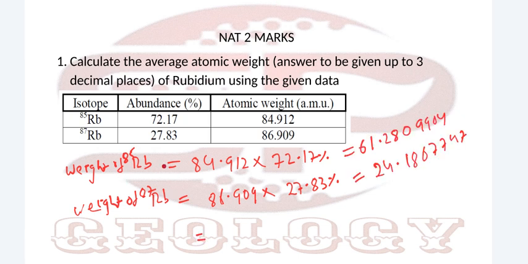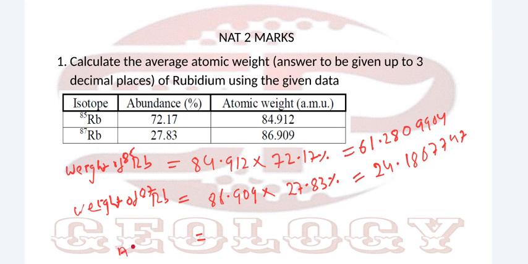So the isotope rubidium 85, when it has an abundance of 72.17%, has a weight of 61.280. Then rubidium 87, when the abundance is 27.83%, is 24.18077. So now, what will be the average atomic weight of rubidium?